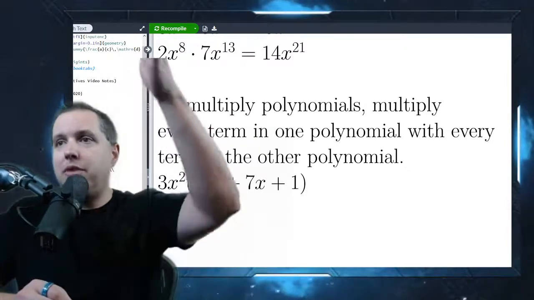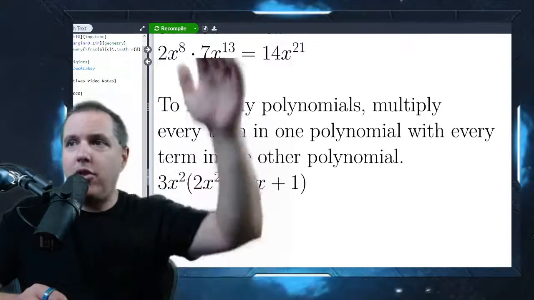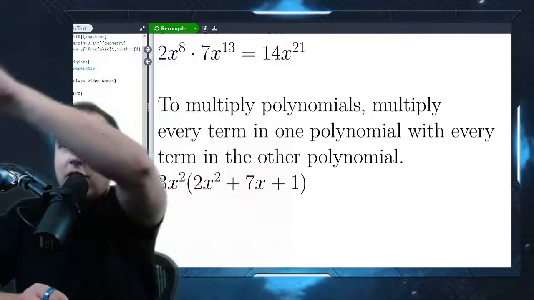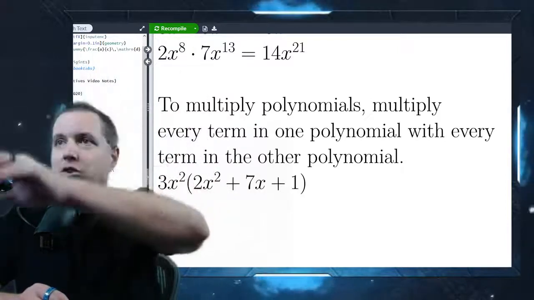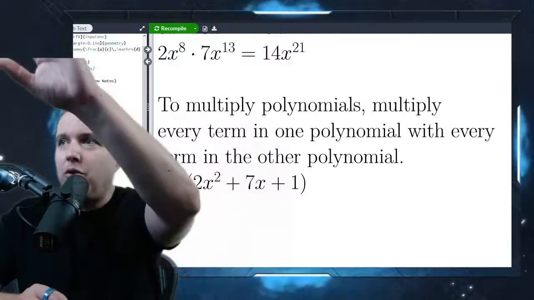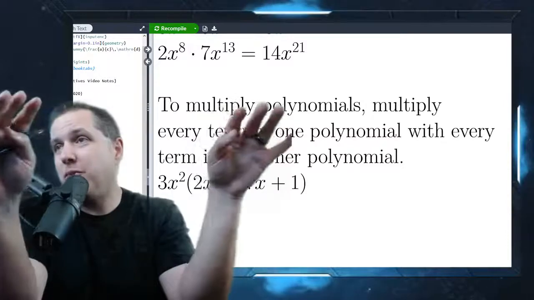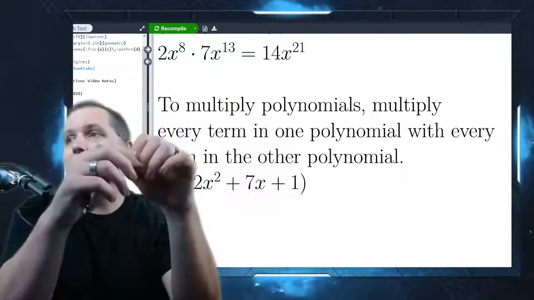And that's what the box method does, is it matches up the terms vertically of one polynomial, horizontally on the other. And as you fill in the box, what you're doing is multiplying every term on the vertical polynomial with every term on the horizontal polynomial. When we do it in row form, we're essentially just doing the distributive property, which meets this definition.